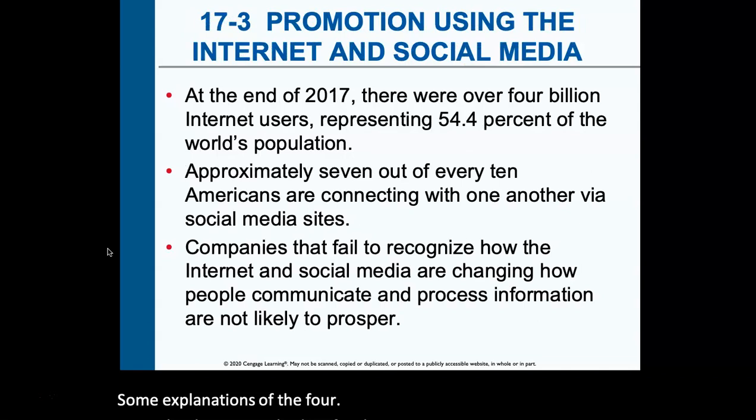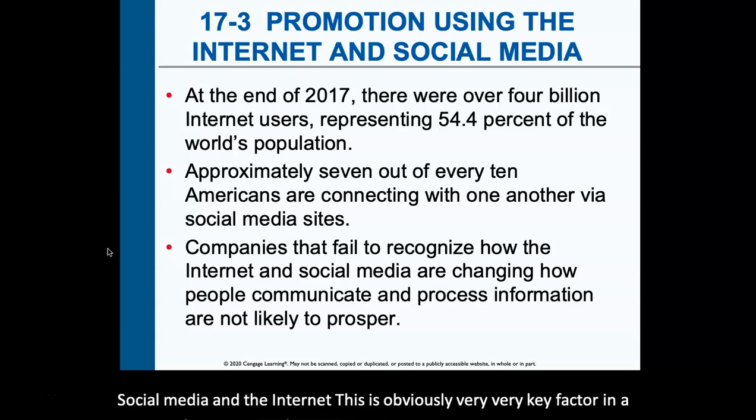Social media and the internet. This is obviously becoming a very, very key factor in a company's promotional strategy and their promotional mix. In fact, last year, social media overtook television, radio, and newspaper advertising as the number 1 way that businesses promote. One of the reasons why is simply that's where people are at.